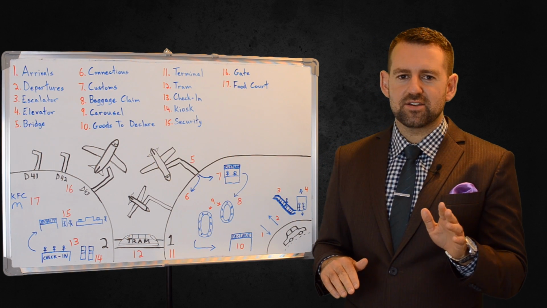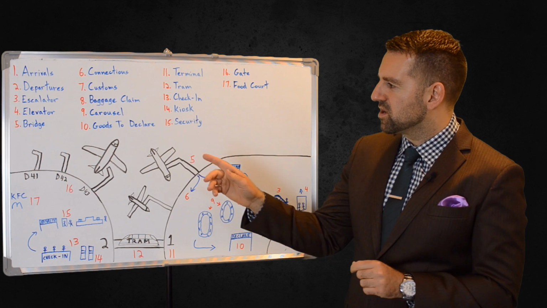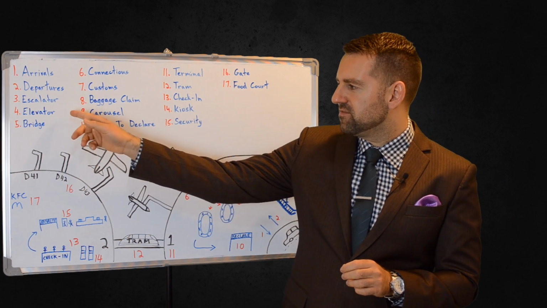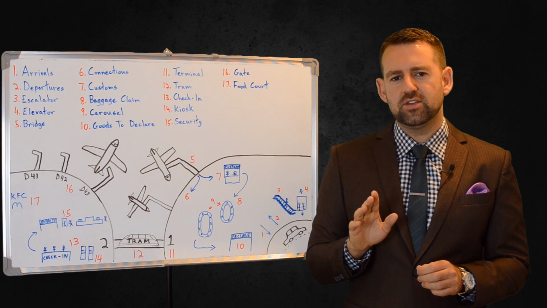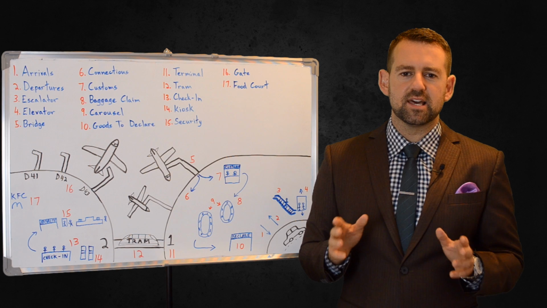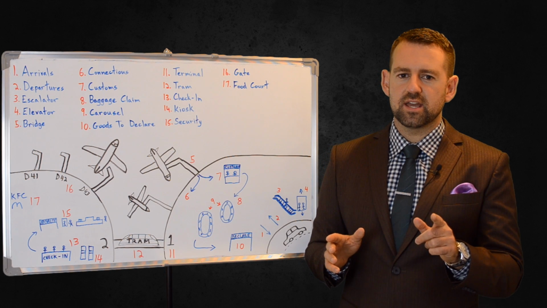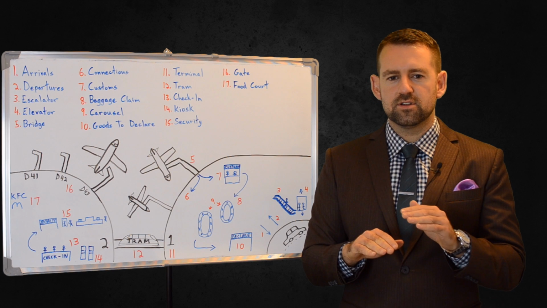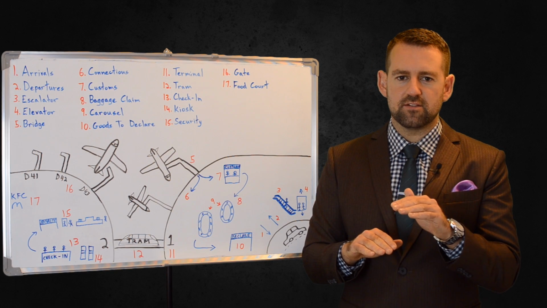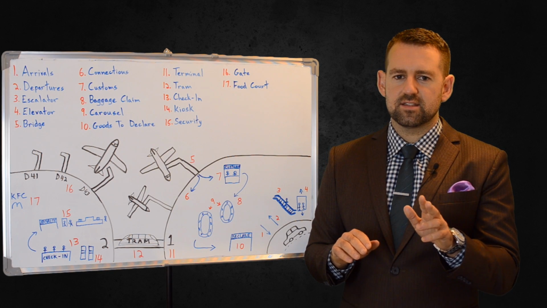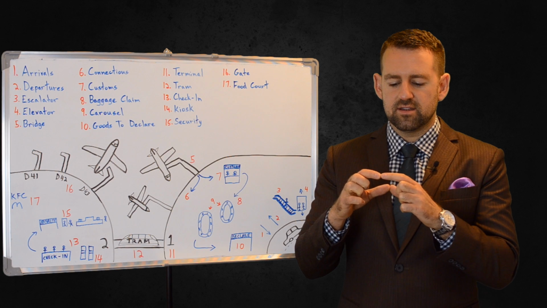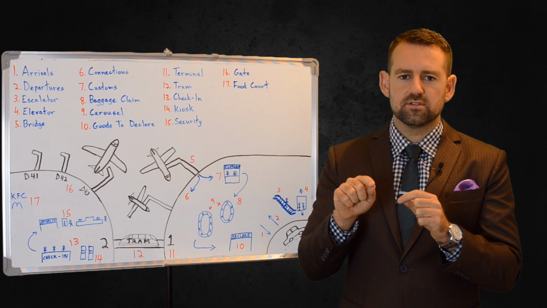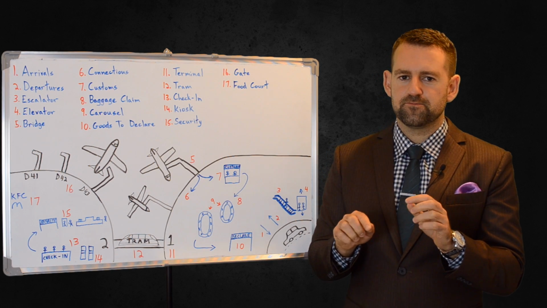In Canada and the United States, we call them elevators, but in the UK, they call them lifts. So you need to take a lift from the arrivals level to the departures level. Inside the elevator, there'll be a button that says arrivals or departures.